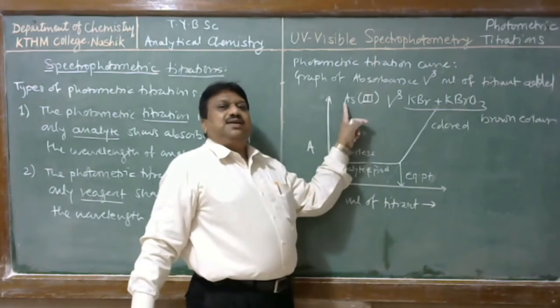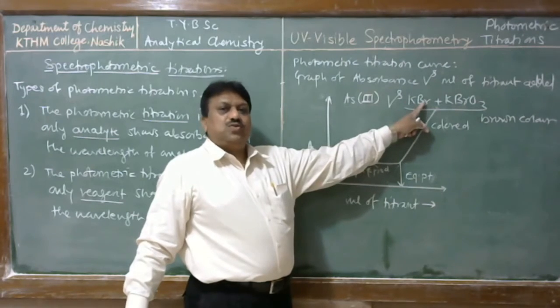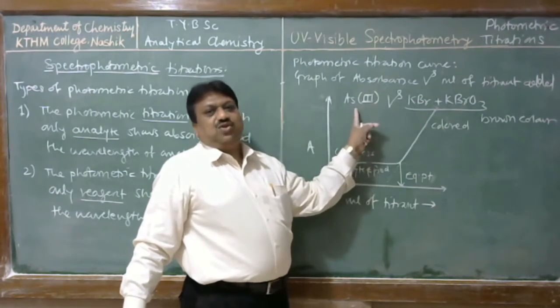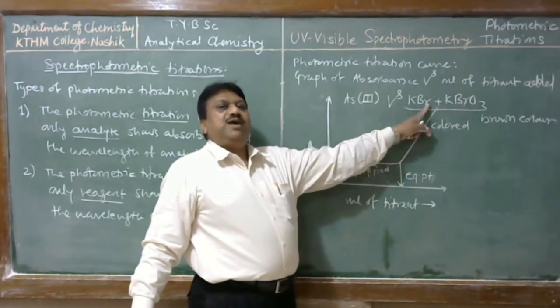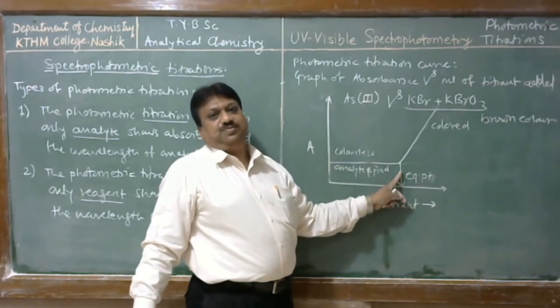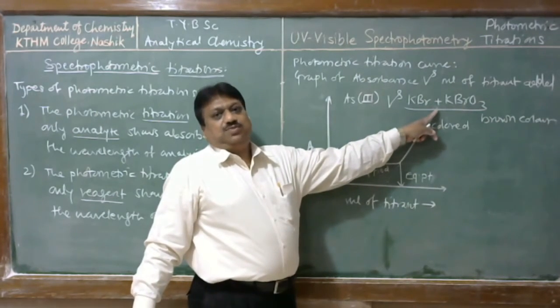Here arsenic(III) is oxidized to arsenic(V) by this bromide solution, and after oxidation of arsenic(III), the extra bromide solution gives color to the reaction mixture, and therefore absorbance increases after the equivalence point.